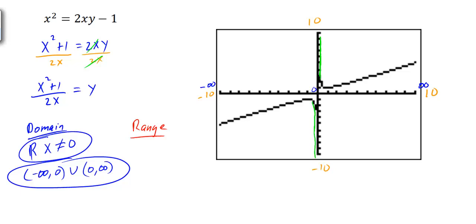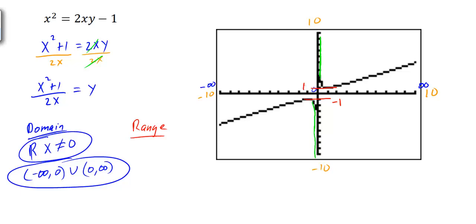Now, what do you think is going to happen here with the range? Well, if you notice, the graph of this function stops. If we start over here to the left, it's going up, and at this point right here, our graph stops, and that point happens to be what? Well, this right here looks like this is going to be a -1, and then there's no graph from -1 all the way up to this point right here, which looks like a +1.